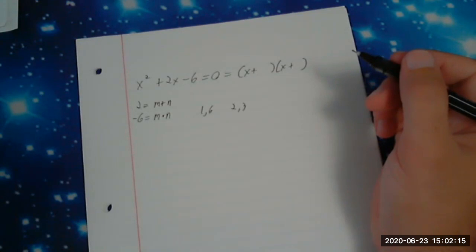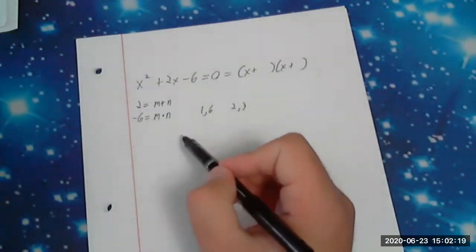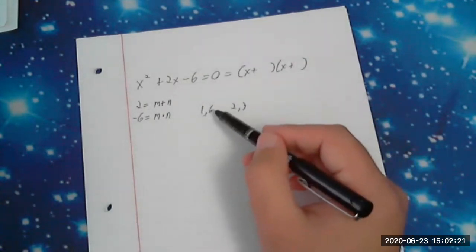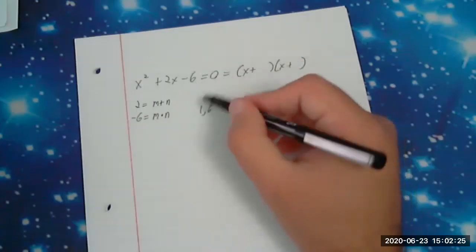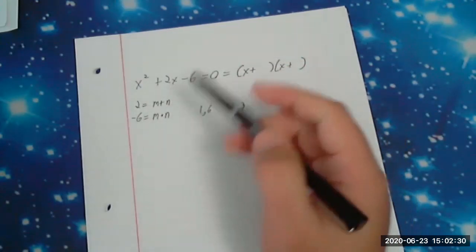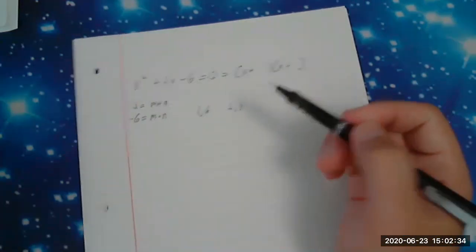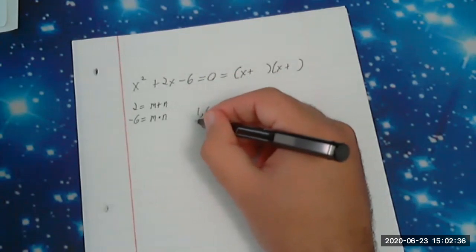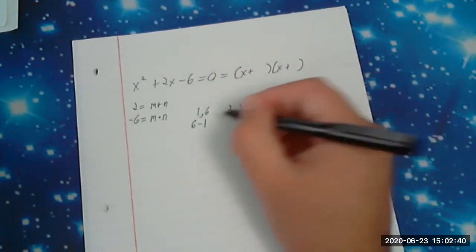And because this is negative, that means when we add them, it's going to be one of them plus a negative of the other one. Well, we also know that this is positive, so that means that the bigger number here is going to be the positive one. Well, let's try 6 and -1.